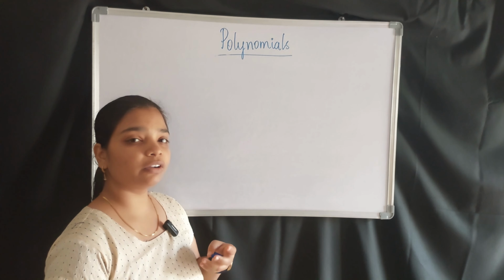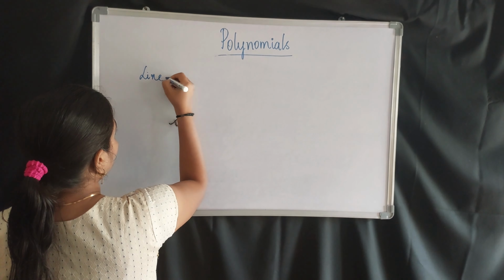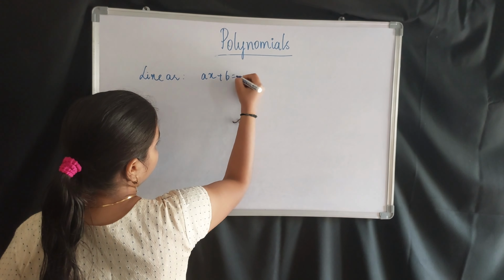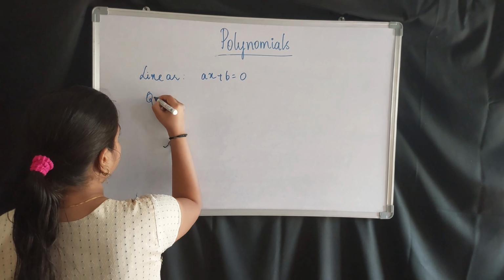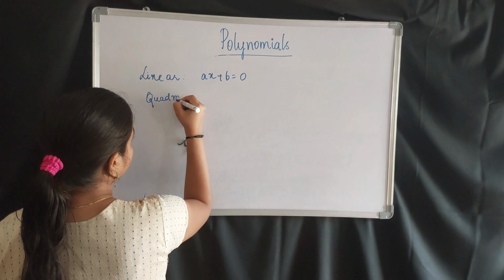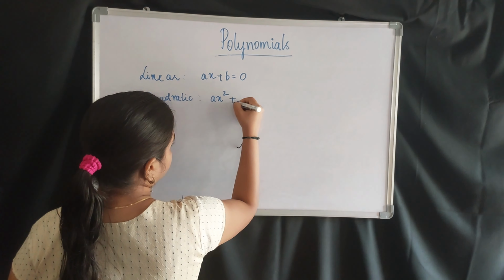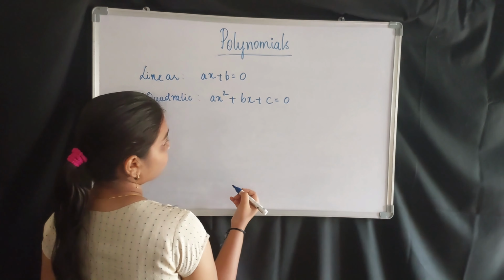Okay, just for your information, a linear polynomial would be of the form ax plus b is equal to 0 with power 1, and quadratic will be ax square plus bx plus c is equal to 0.